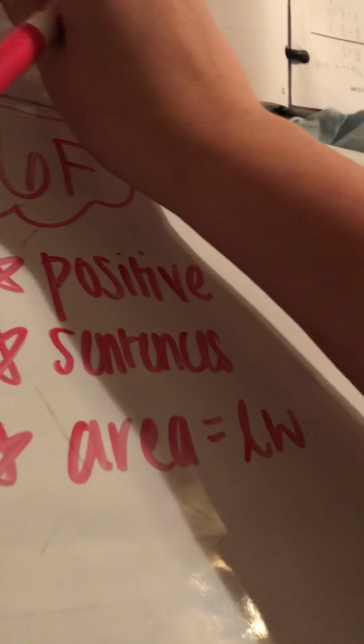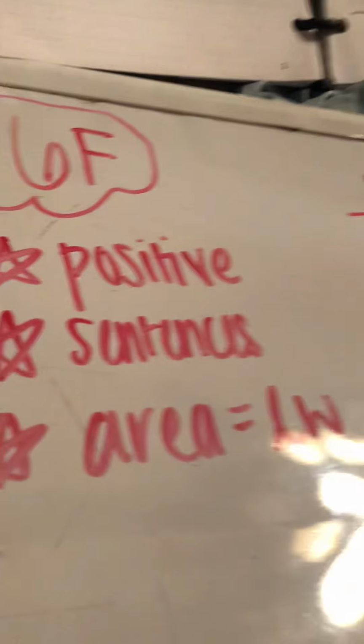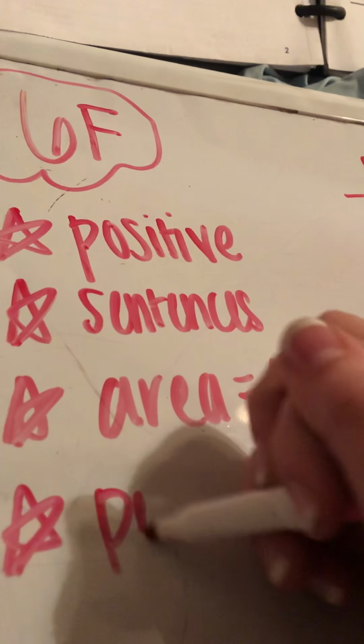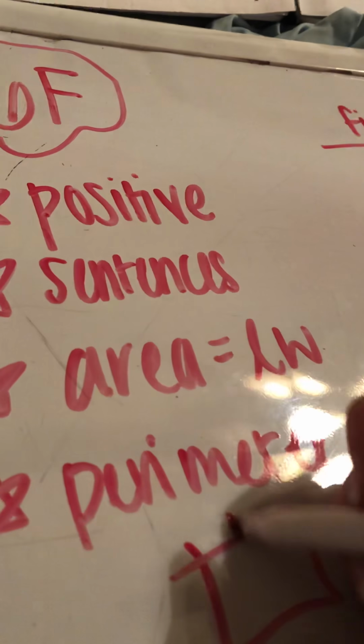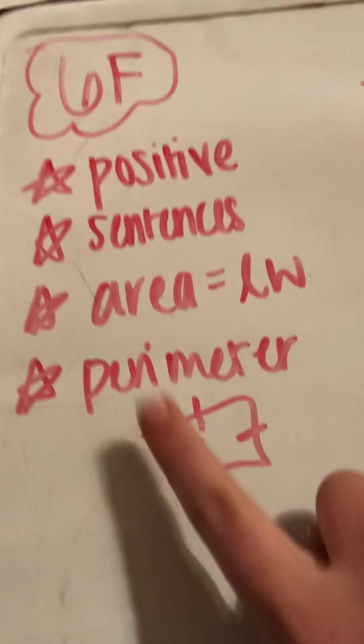I'll come back to that if there's another formula you need to know. Another thing is perimeter. Perimeter is just you're adding on the sides.